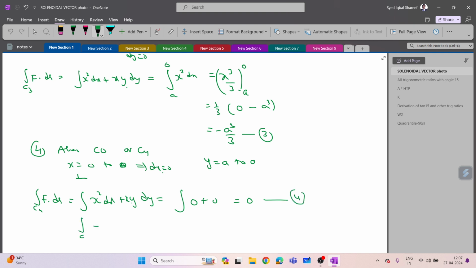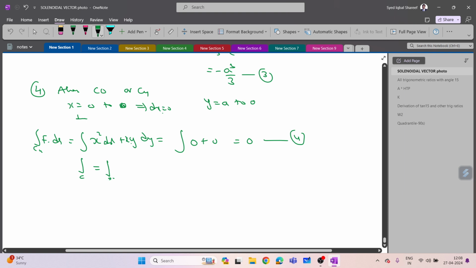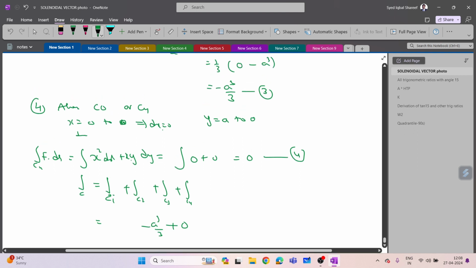So integration taken over the curve C is C1 plus C2 plus C3 plus C4. So C4 is 0. I have done C4. C3 is minus a cube by 3. Now I have to see C1 and C2.